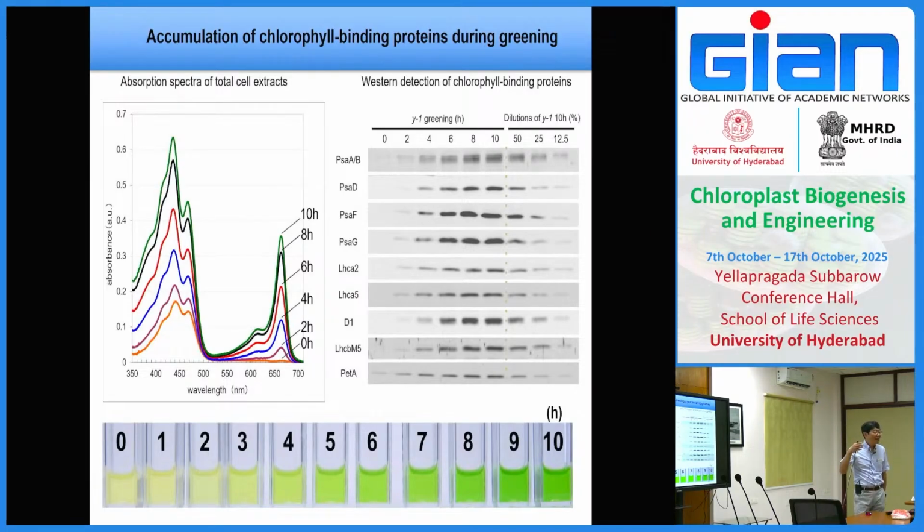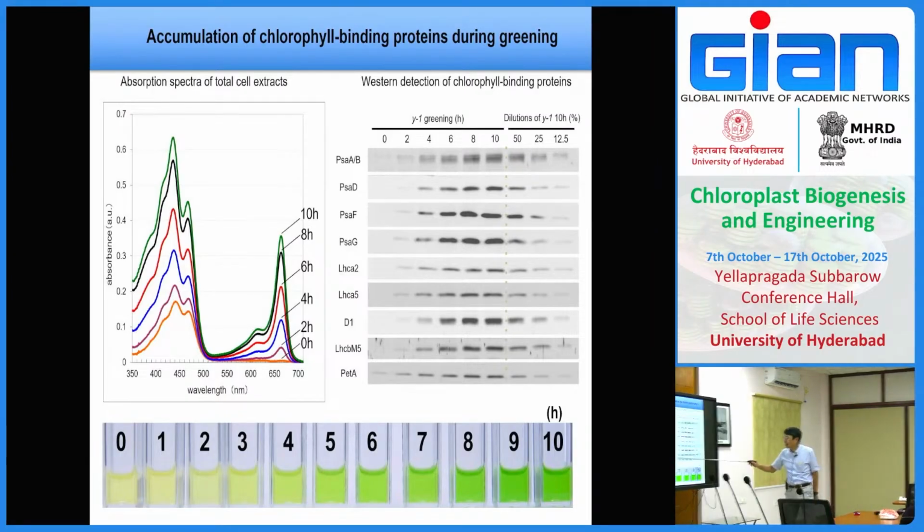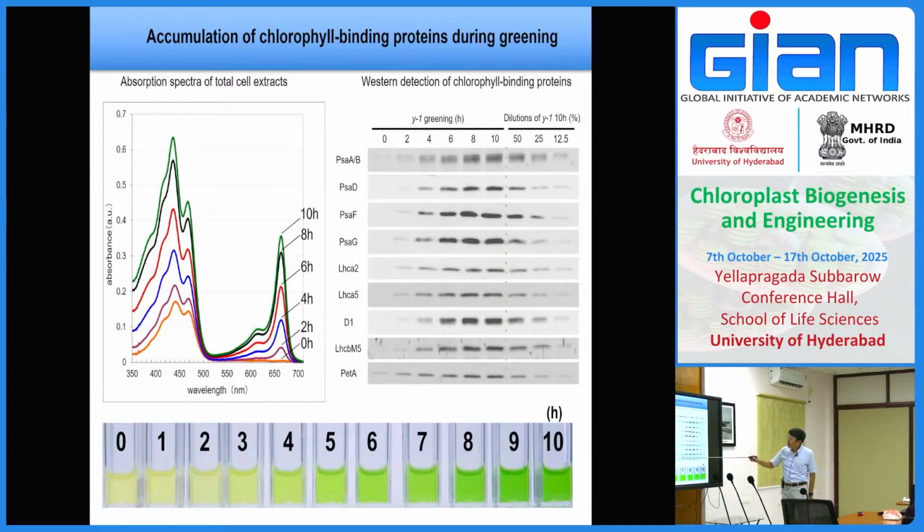Although I told you that the cytochrome b6f complex contains one chlorophyll molecule, PetA is cytochrome f. Although the amount is lower, it is still accumulating even in the yellow cell. That is an interesting point. We have not characterized it further, but in the absence of chlorophyll, b6f still accumulates at a reduced level, and they increase like this. That's an interesting point.